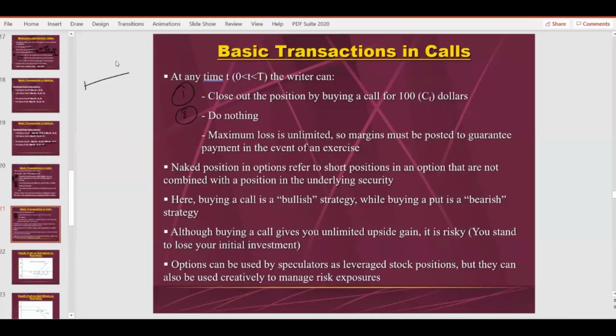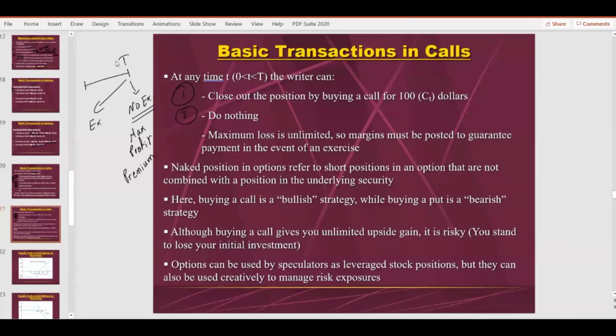Now, once we reach the expiry date, as I've said before, it can be that there's an exercise or no exercise. In this case, if there's no exercise, this means that the party with the short position will realize the maximum profit, which is the premium collected at time t equals 0.